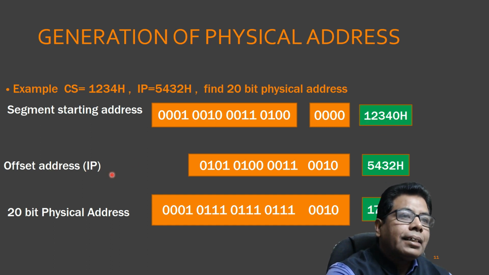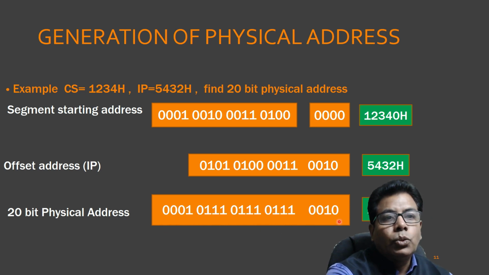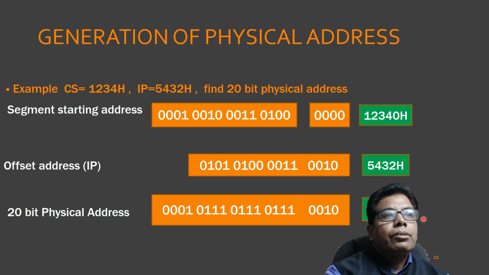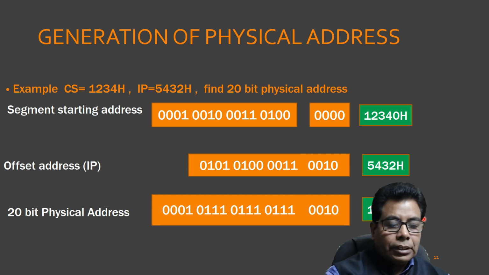Then the offset address IP, the contents of IP, 5432. So after addition, we get the 20-bit physical address. It is 1772H in hexadecimal. So this is how the 20-bit physical address will be generated.